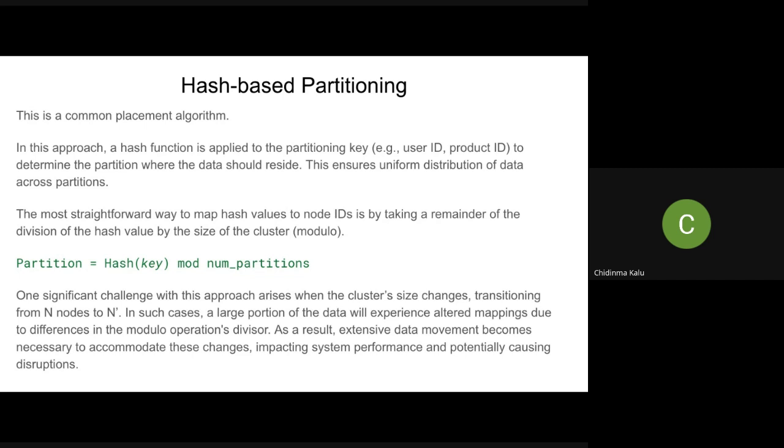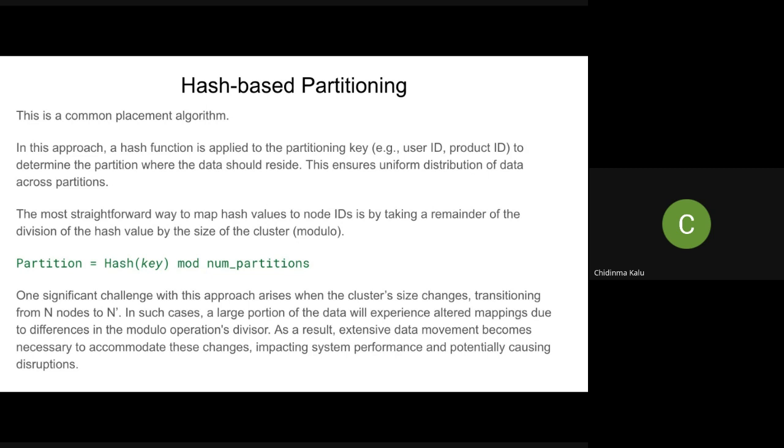This ensures uniform distribution of data across partitions. The most straightforward way to map hash values to node IDs is to take the remainder of the division of the hash value by the size of the cluster. So hash key mod num partitions. However, hash-based partitioning comes with a huge con.